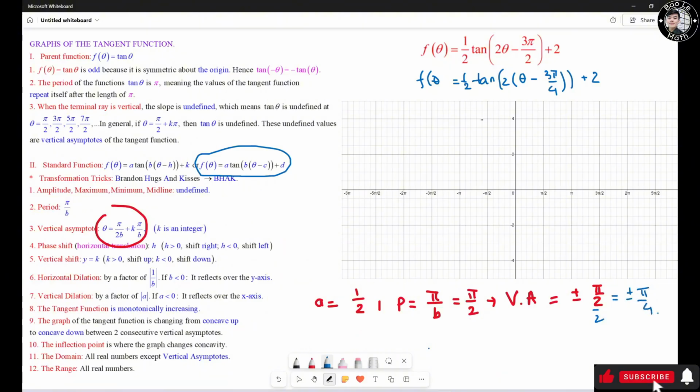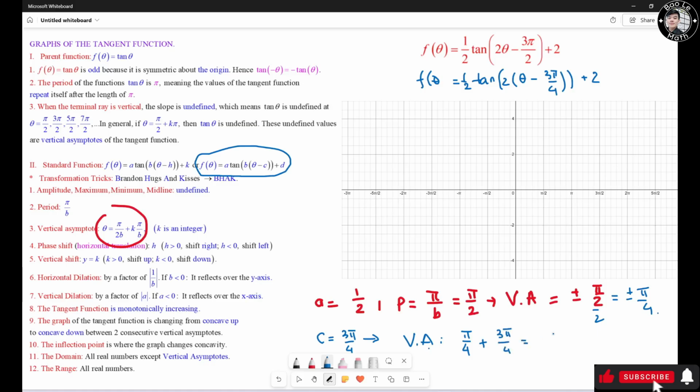Now we have a phase shift, it's going to be 3 pi over 4, right? And it's shifted to the right because you see a subtraction sign right here, right? So the phase shift is going to be C equals 3 pi over 4. So the new vertical asymptote should be pi over 4 right here. You're going to add 3 pi over 4.